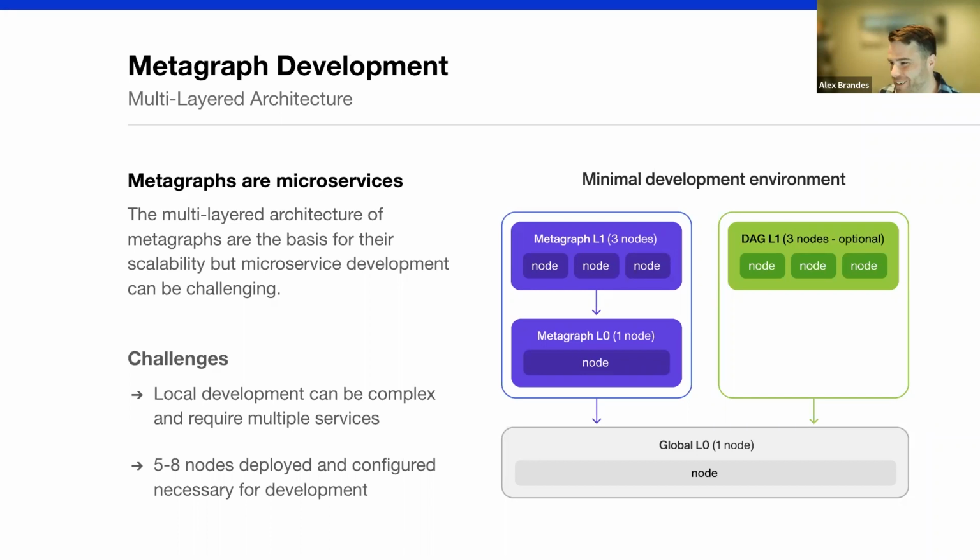We've got 3 Metagraph L1 nodes required, 1 Metagraph L0 node, 1 global L0 node, and then optionally, if you also want to run the DAG L1 network, you would need 3 additional nodes. That's not strictly required for Metagraph development, but for many projects you would want to also be running the DAG L1. So that adds up to between 5 and 8 nodes that you're going to need to have running and configured.